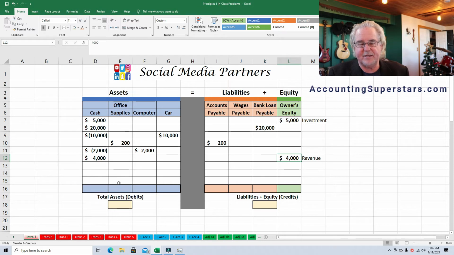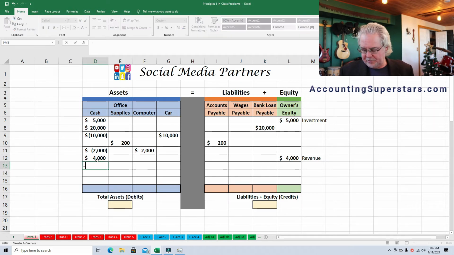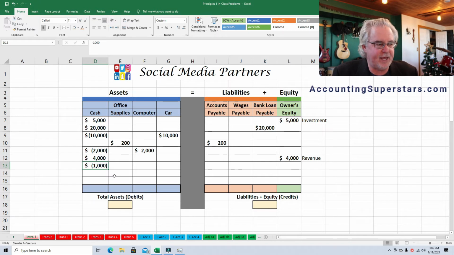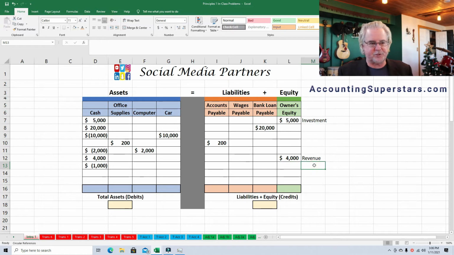Now, next, let's say that the owner had an assistant, an employee, and the employee earned $1,000. So the owner paid out $1,000. And anytime you pay out money to do your job, that's called an expense. It's consuming resources to do your job.